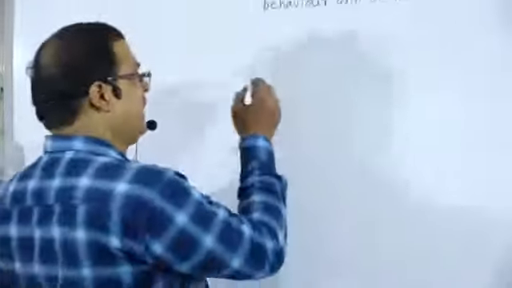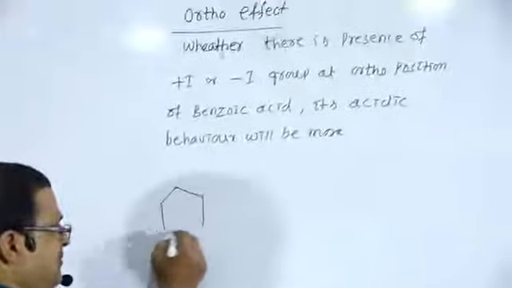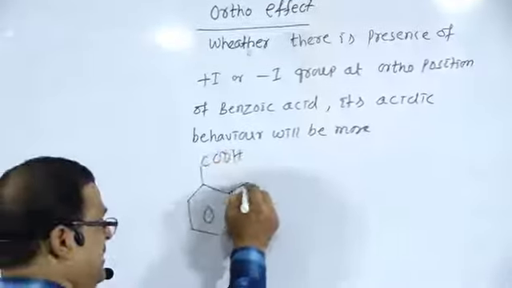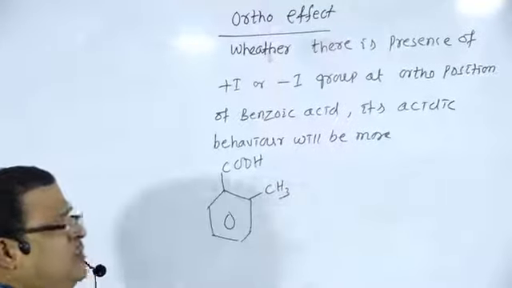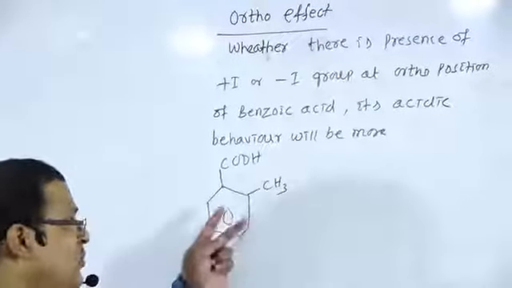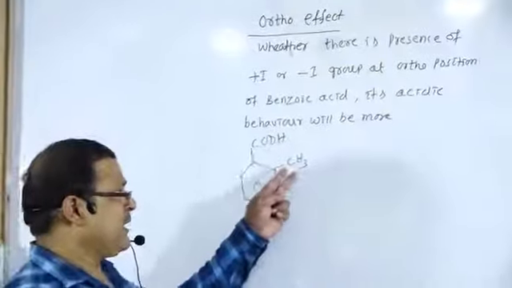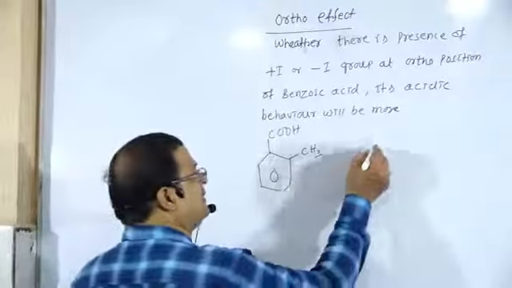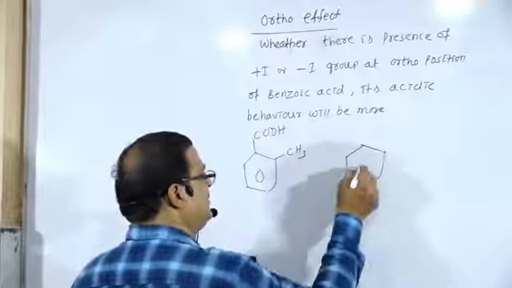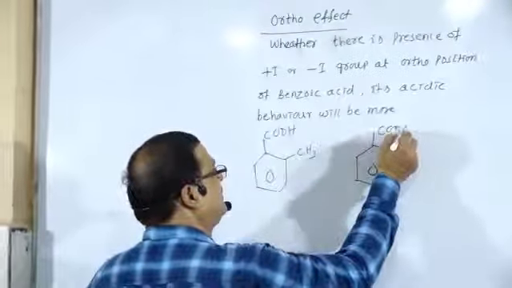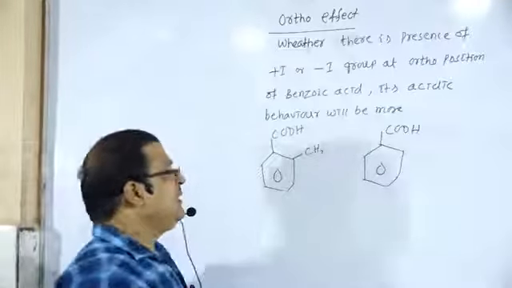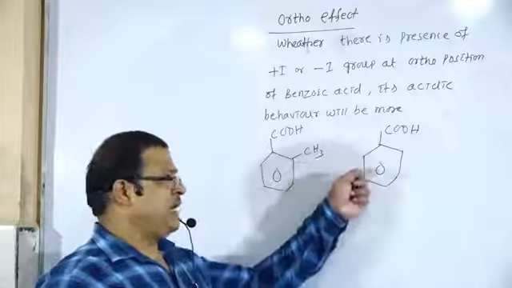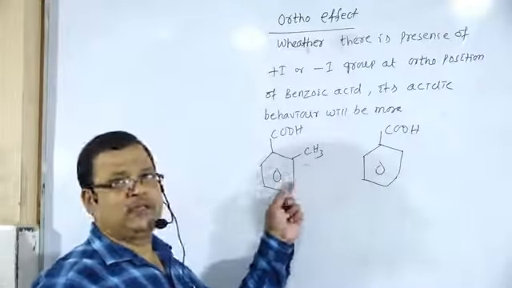For example, we can cite o-toluic acid, where the COOH group and the CH3 group are at the ortho position. And this is benzoic acid, COOH. If we explain the acidic behavior on the basis of the plus I group, this should be highest, this should be lowest, but actually this is highest.